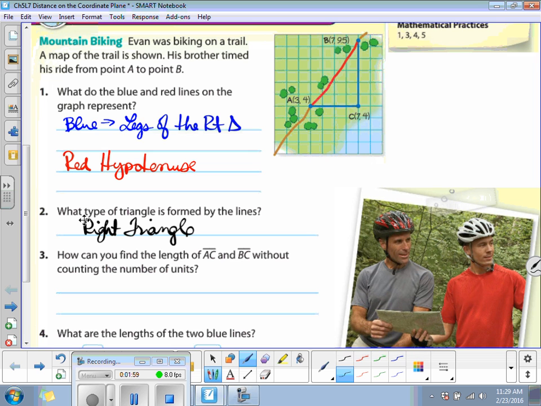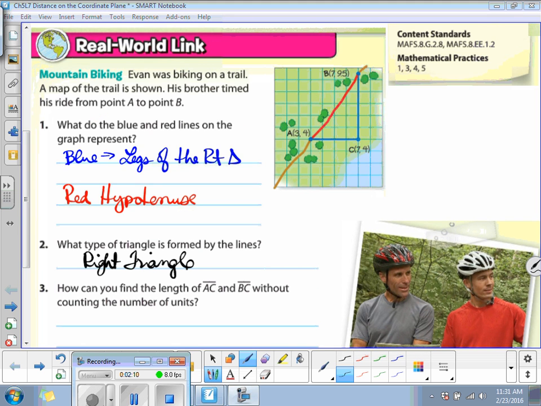Now it says, how can you find the length of segment AC and segment BC without counting the number of units? So, to find the distance of the horizontal side, segment AC, we know the horizontal movement is the x-axis, right?